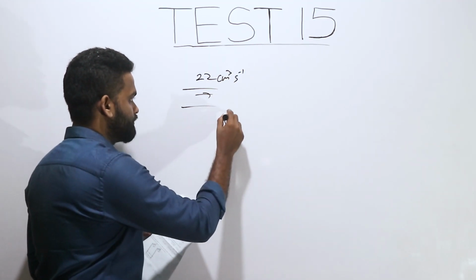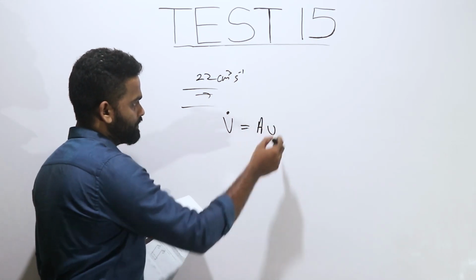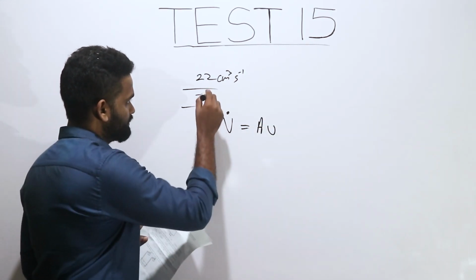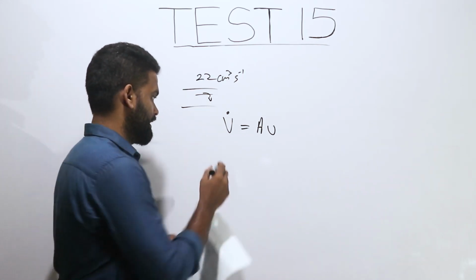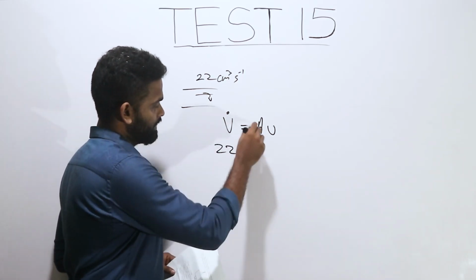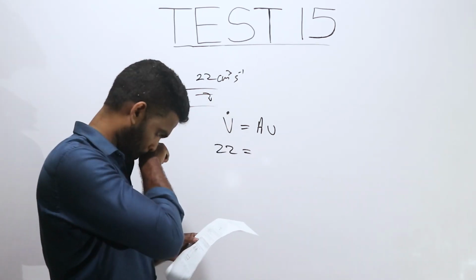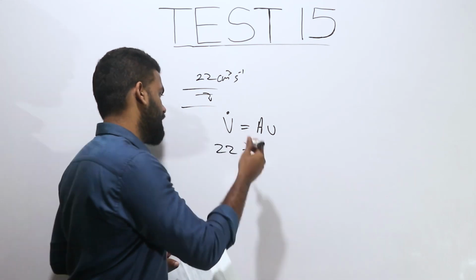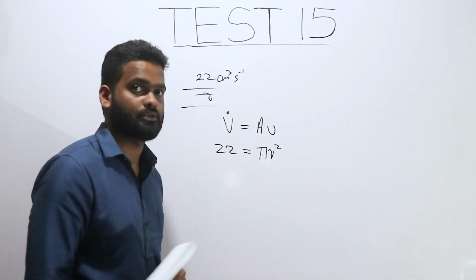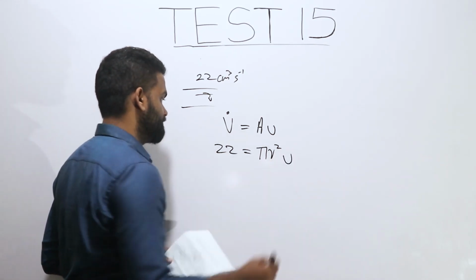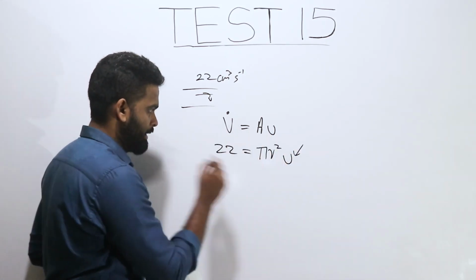You know that flow rate is equal to A times v, cross section times velocity. Flow rate is given as 22. The cross section of the pipe is pi r squared, times velocity. So what they ask is this velocity.